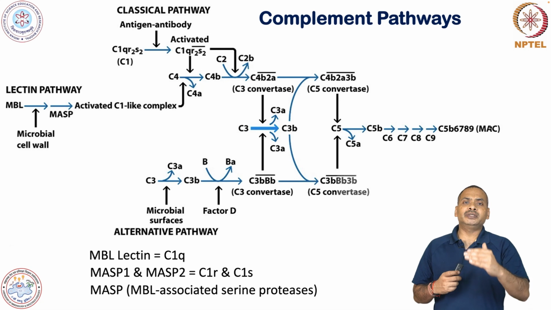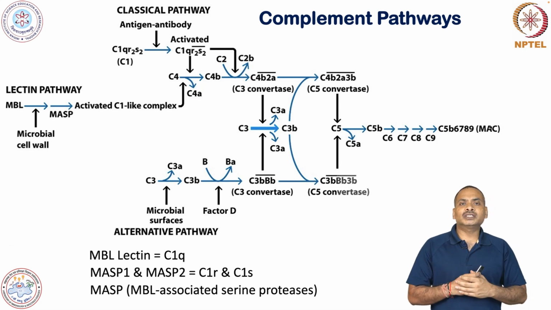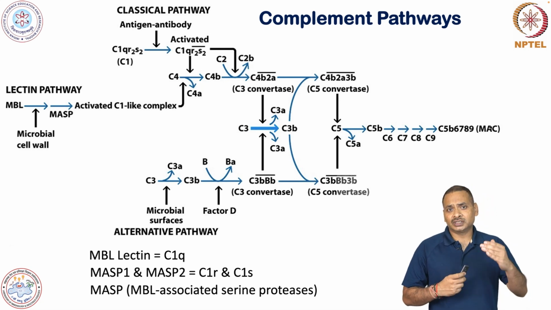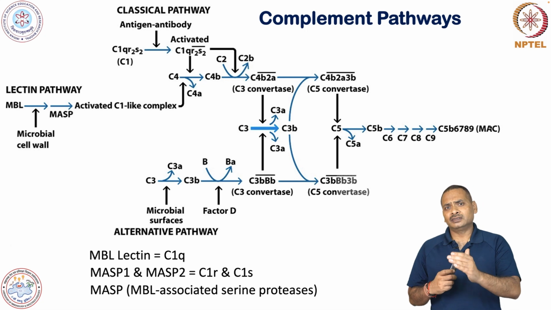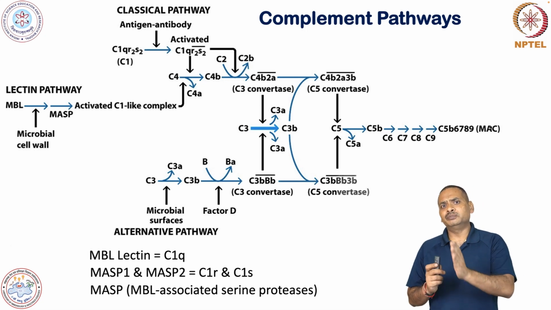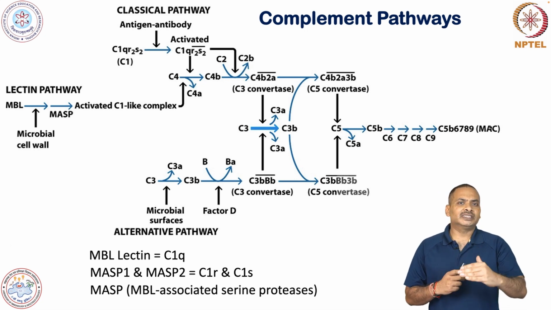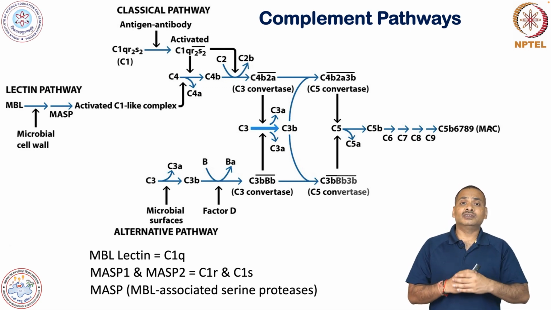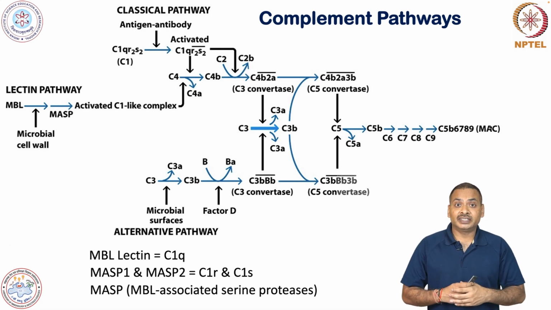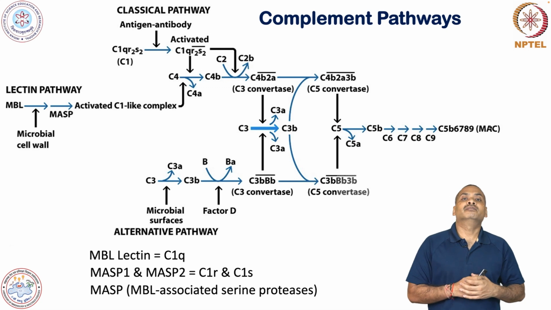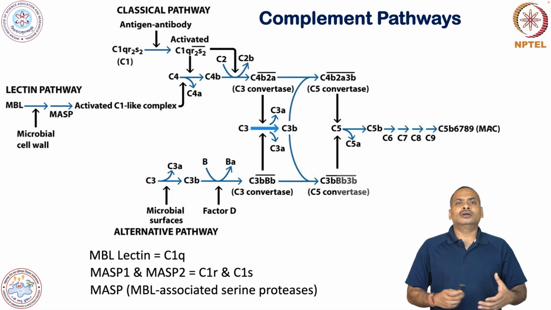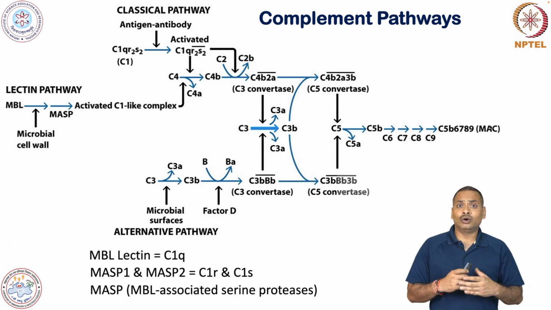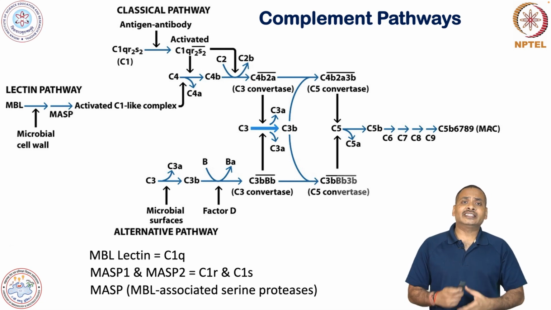This C3b will also make a complex with the C3 convertase, which consists of C4b and 2a, and that will have C5 convertase activity, and eventually that will make a membrane attack complex. So, this is all about the alternative pathway and lectin pathway.